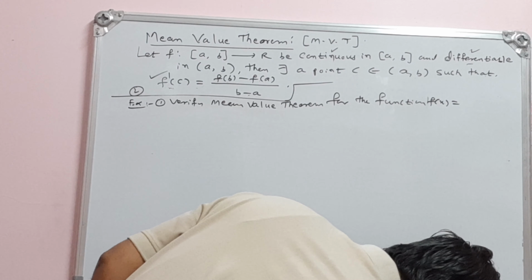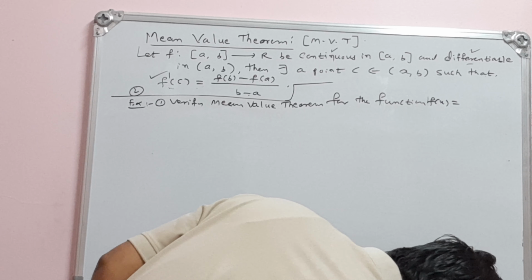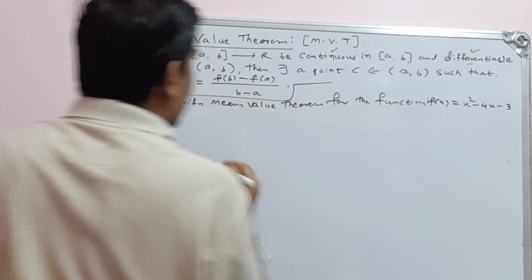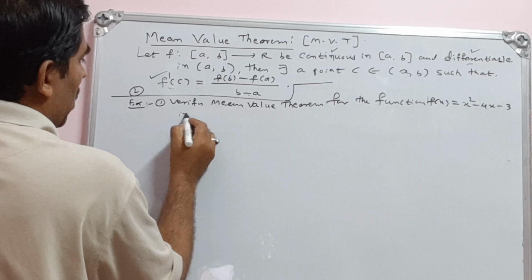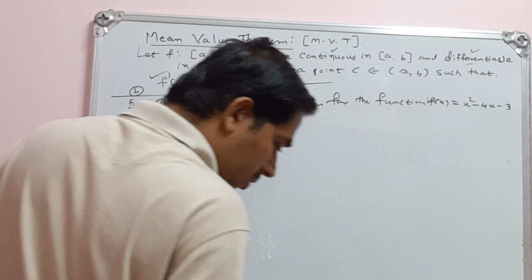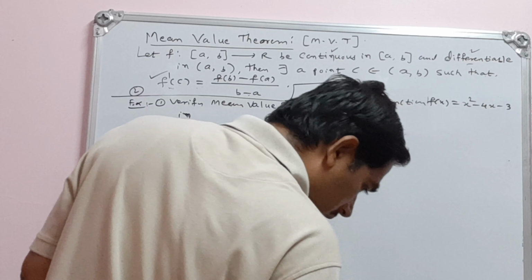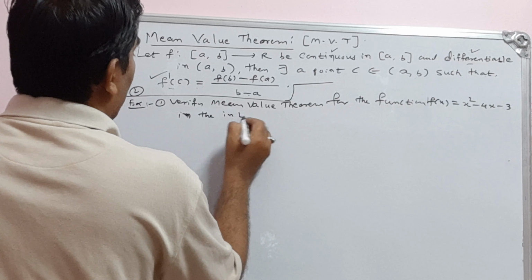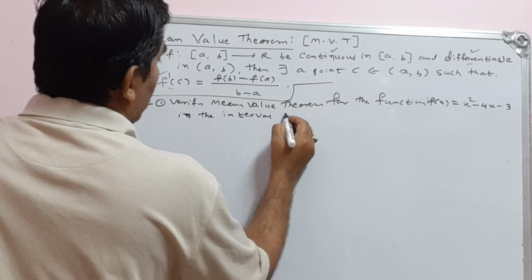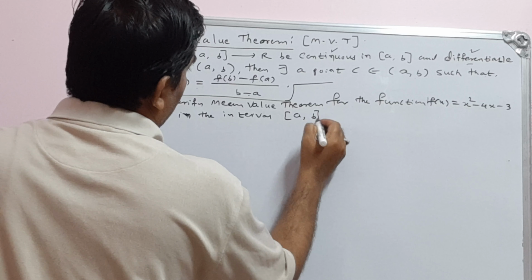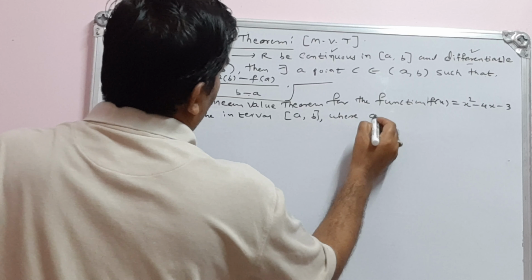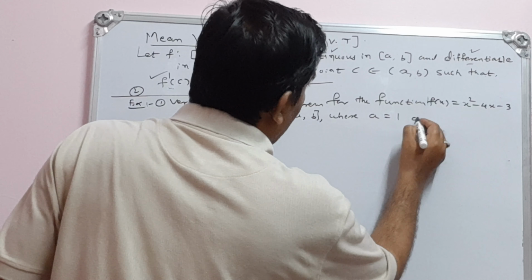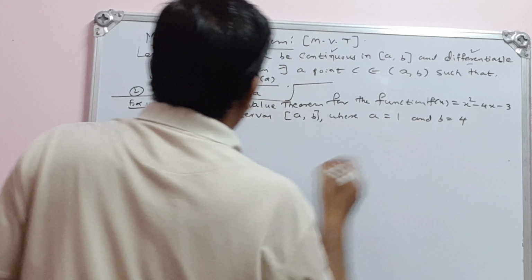F of x is equal to x square minus 4x minus 3 in the interval a comma b, where the starting point a is equal to 1 and b is equal to 4.